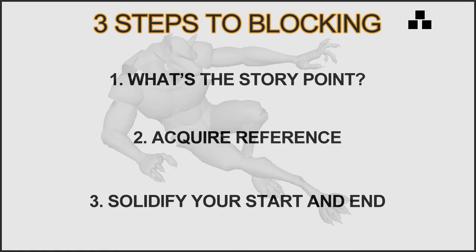So we know that our wolf character here is on guard. Well, is the guard on high alert, or is it more of an uneventful day? And if the guard is to be on high alert, does the guard even care? So you get where I'm going with that. We want to really figure out the personality and connect with the character, because if we can connect with our character, then the audience can as well.